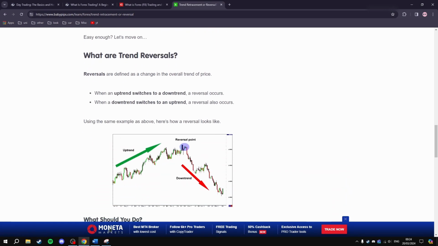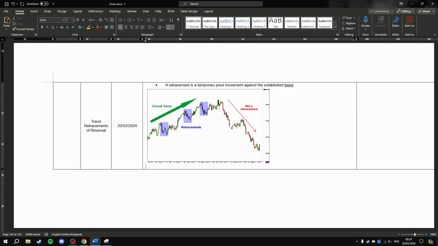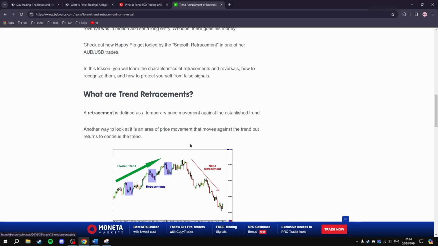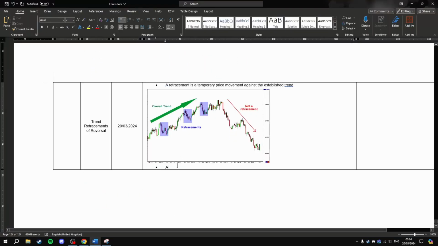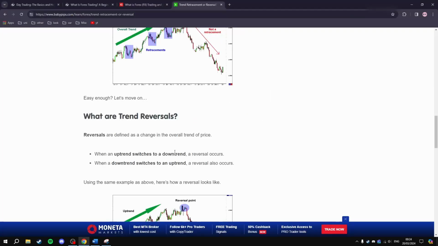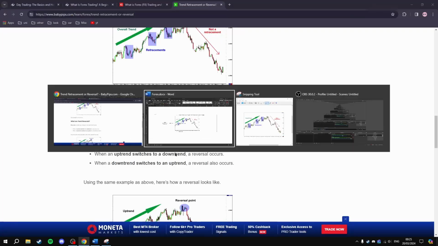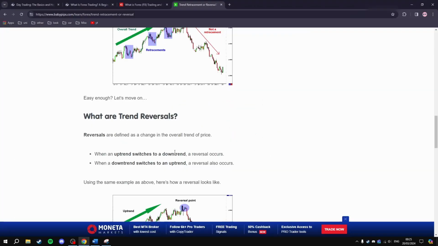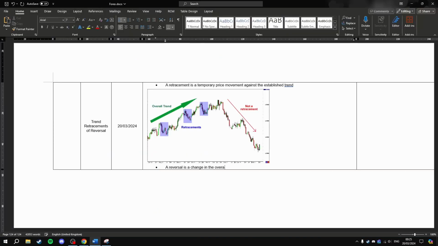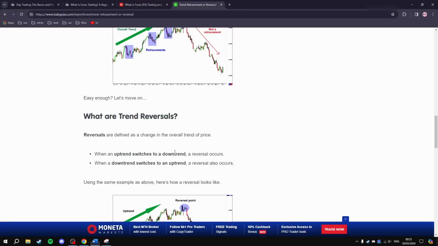What are trend reversals? A reversal is a change in the overall trend of price.